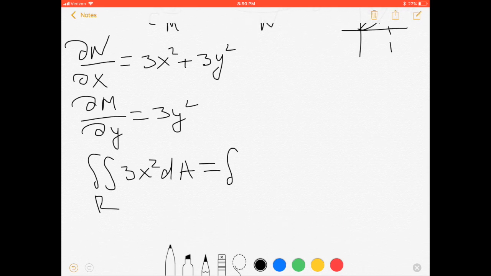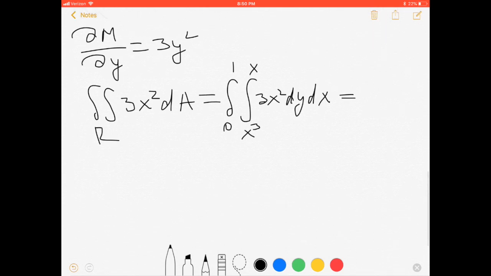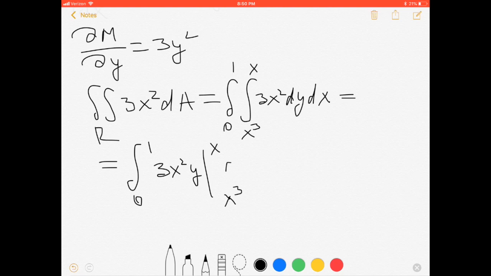Okay, this means I can move from the double integral to the integral where x changes from 0 to 1, y changes from x cubed to x, of 3x squared dy dx.